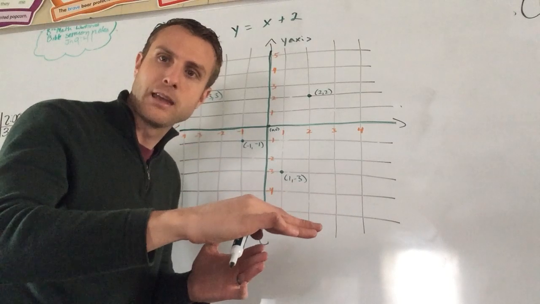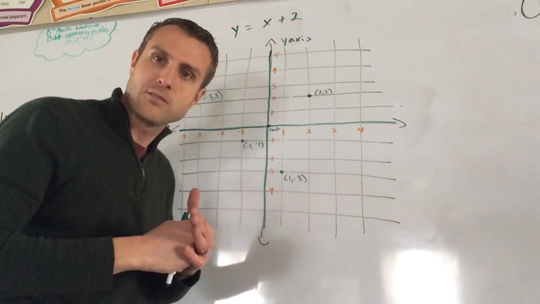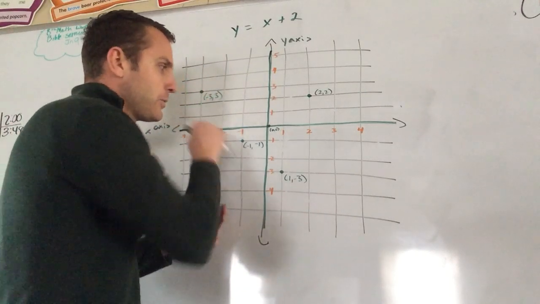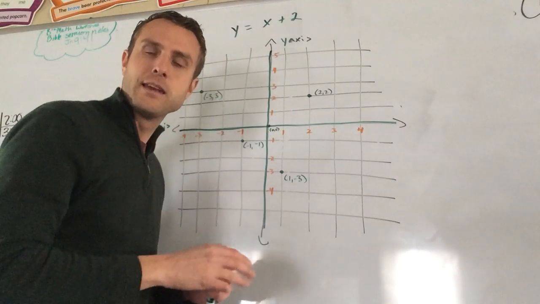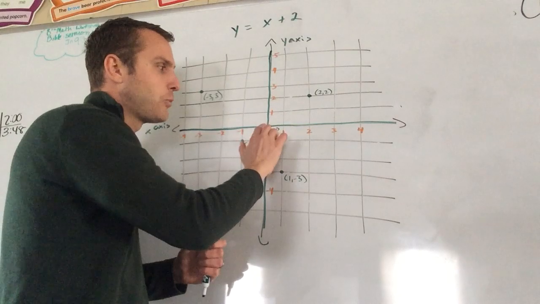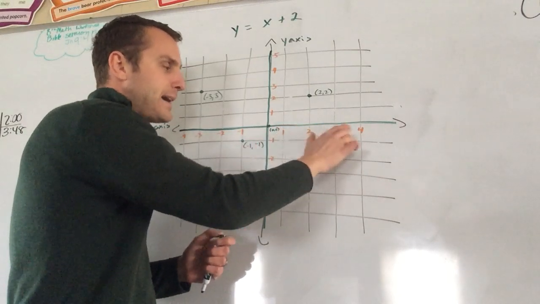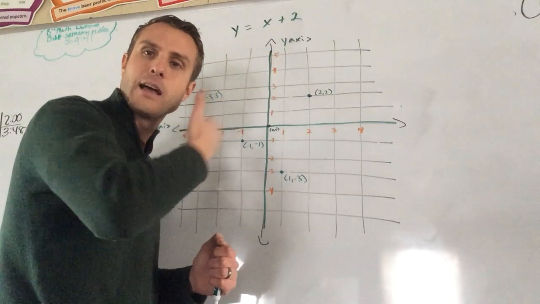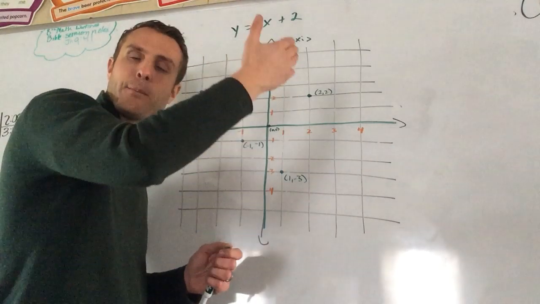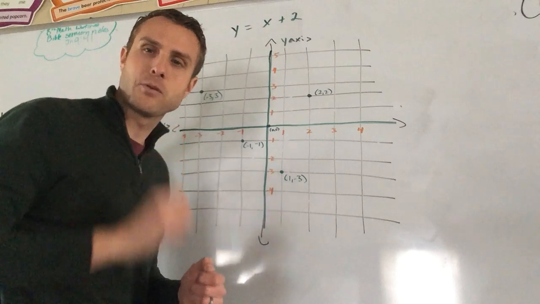Just darken them in. Use a ruler to make sure they're nice and straight. Then label the horizontal x, vertical y. Then you want to label the numbers on your x, the ones to the right, positive, putting the number on each line, to the left negative, and then up positive, down negative, putting the number on each line.